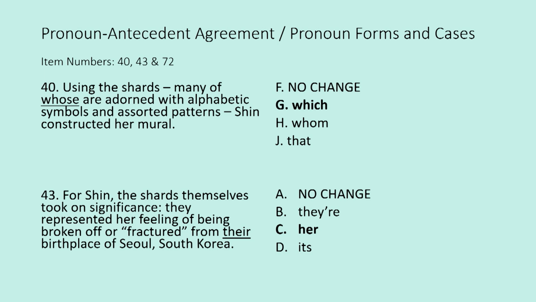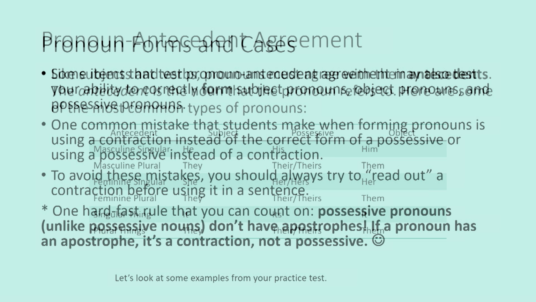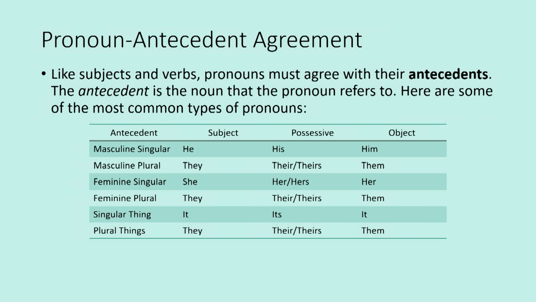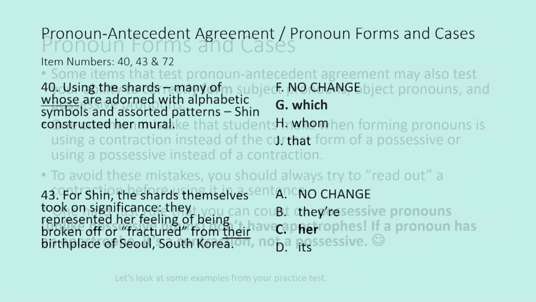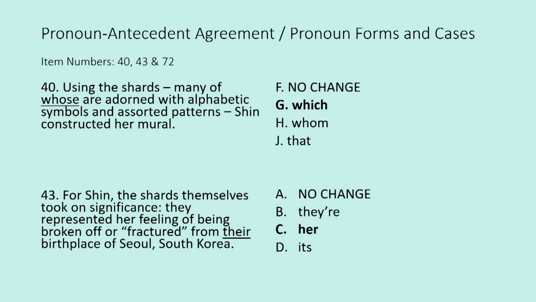Whose? Let's go back to that over here. Do we see whose? We don't. So it's not whose. We know whose is not correct. So we know it's not no change. Many of which. Which is your pronoun for talking about shards.